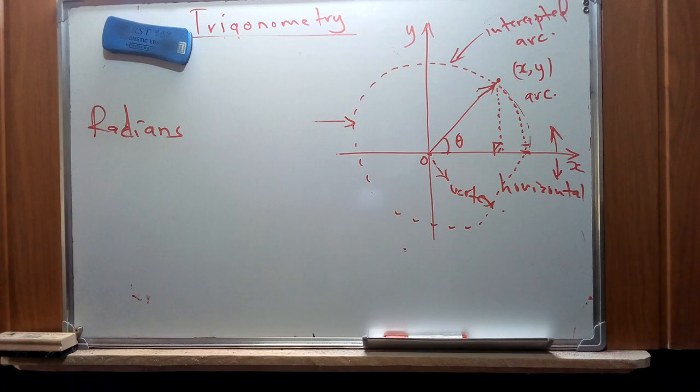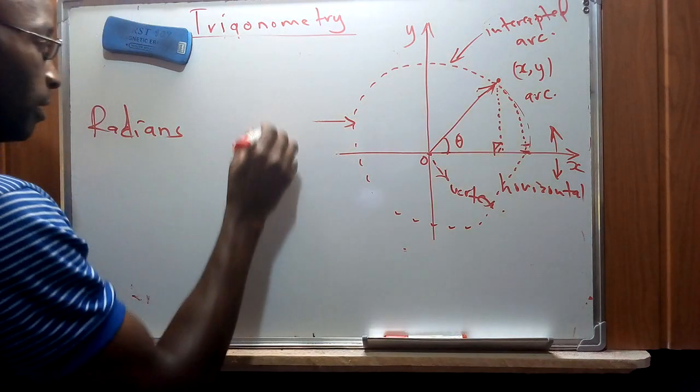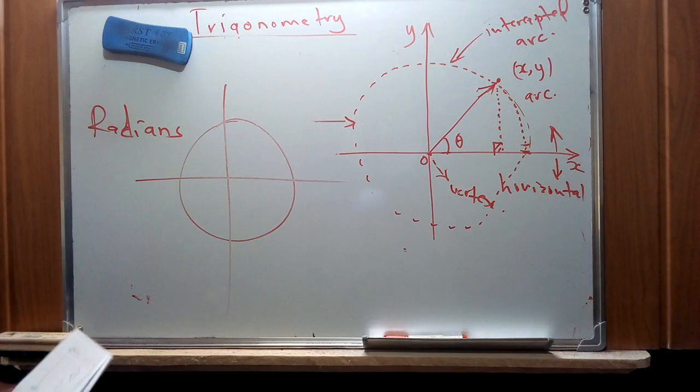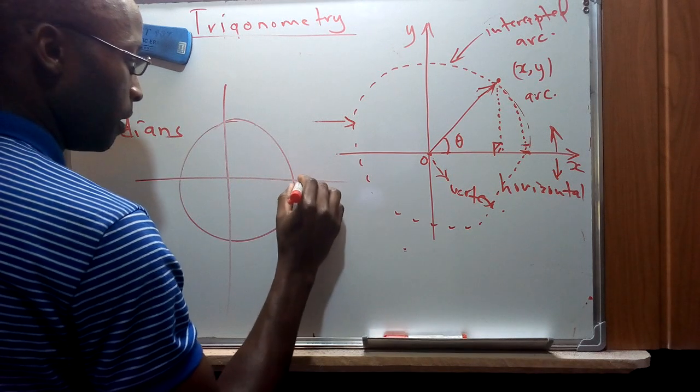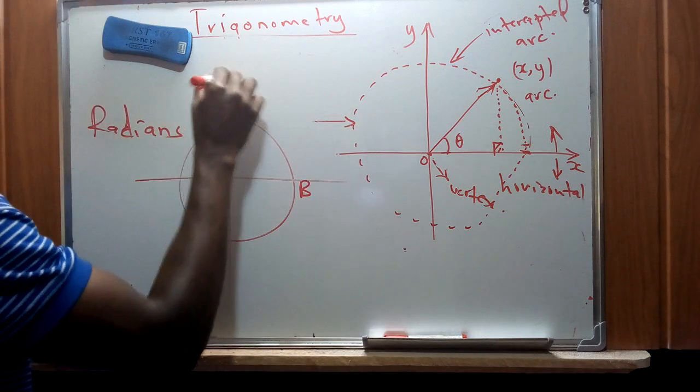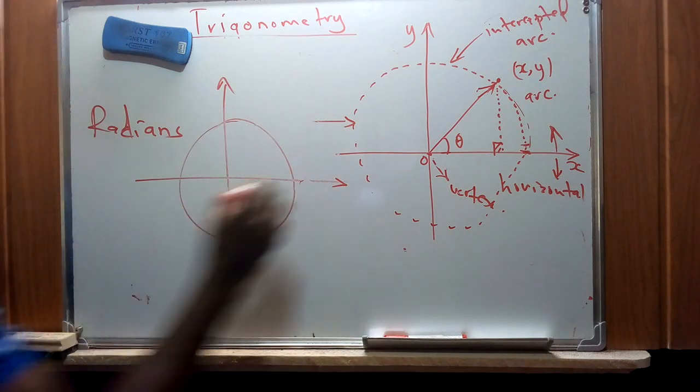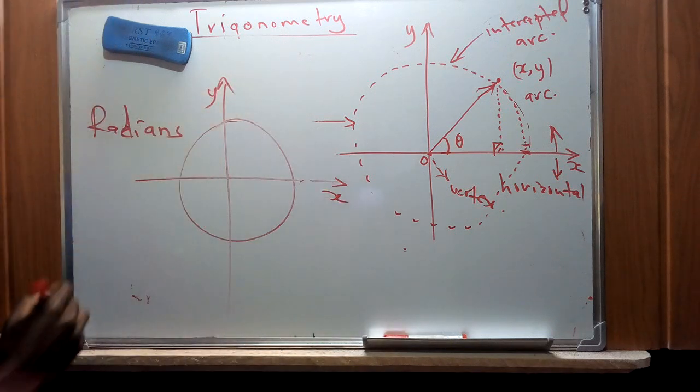Radians are the relationship involving an arc length. Let me use a different figure, with the x and y axes.